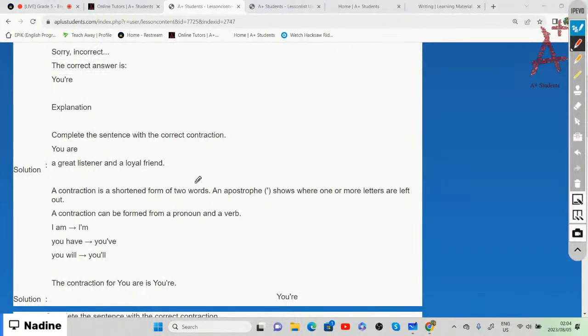Okay, so a contraction, right? A contraction is a shortened form of two words. An apostrophe shows where one or more letters are left out, right?